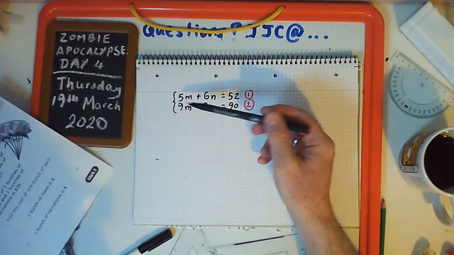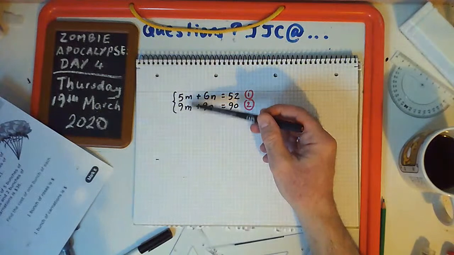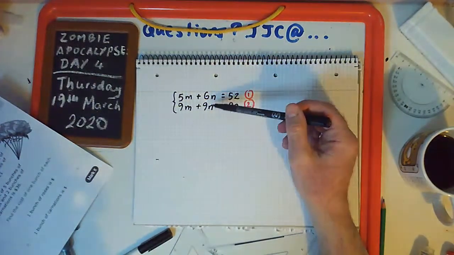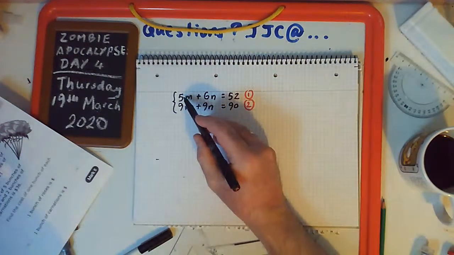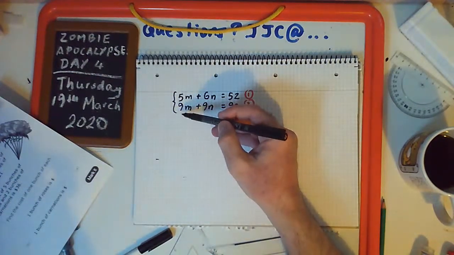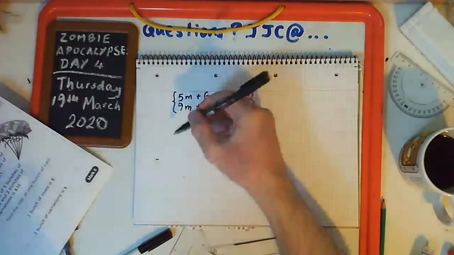So I usually make the first ones the same, so I'm going to make the m's the same, and I could just as easily try to multiply it up and make the n's the same. But 5 and 9, they both go into 45.